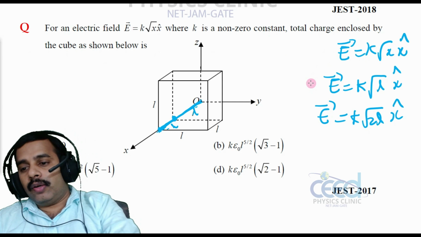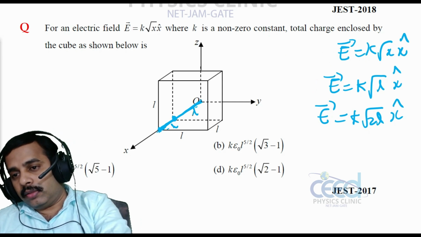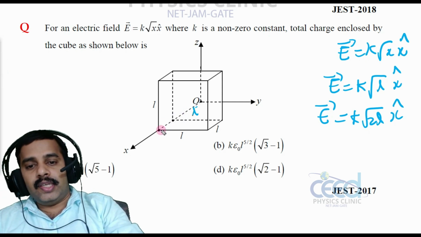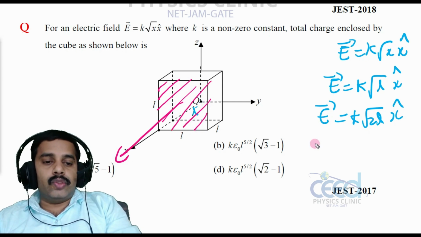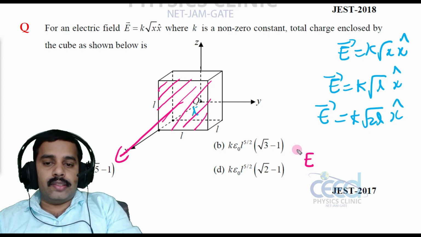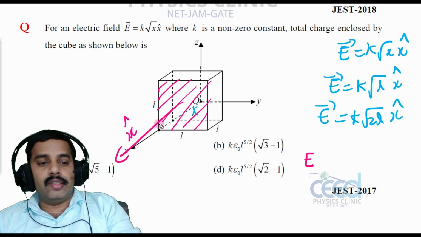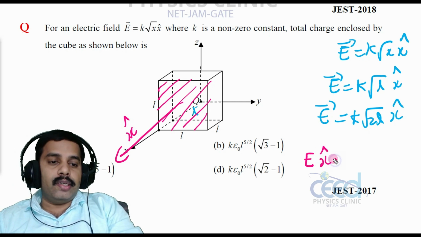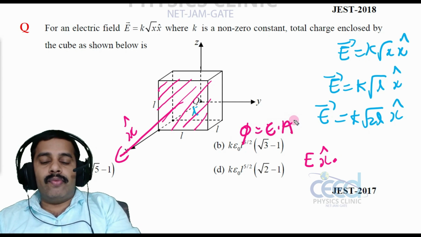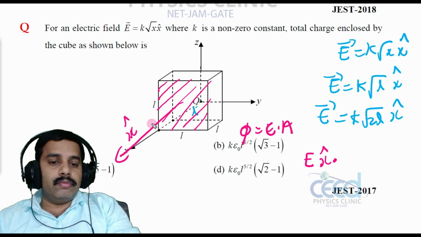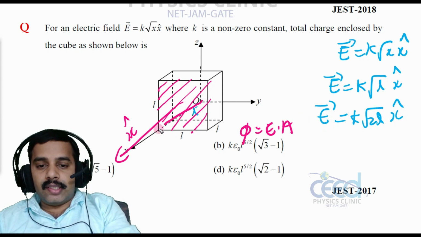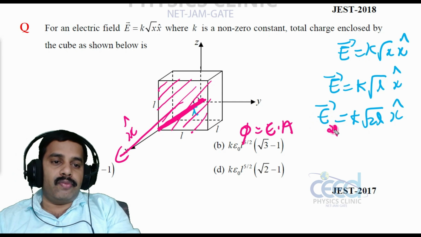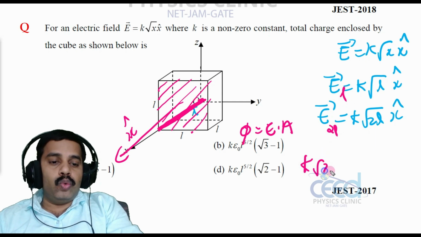Now we can find the net charge enclosed. I am considering the electric flux through this face, which is E dot A, since flux is equal to E dot A. The area is along the x cap direction. E at distance 2L is k root 2L x cap.